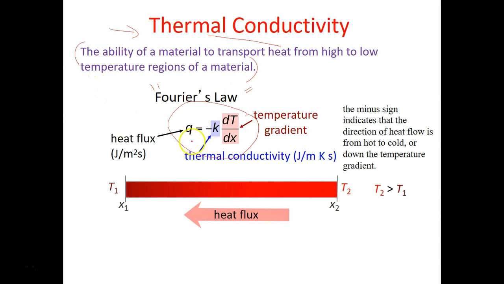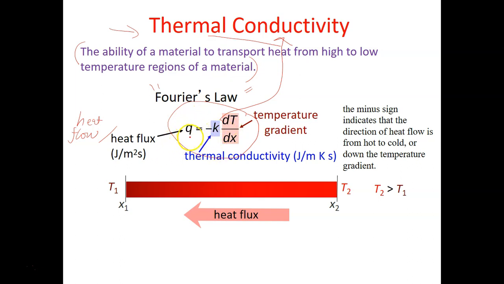Q here is the heat flux, or you can call it the heat flow per unit time, per unit area. This area is taken perpendicular to the flow direction. K is the thermal conductivity, and dT over dx is the temperature gradient through the conducting medium.